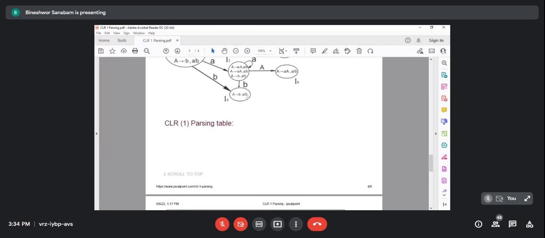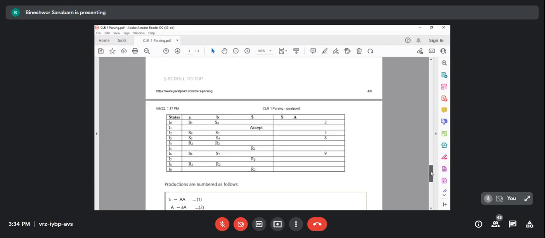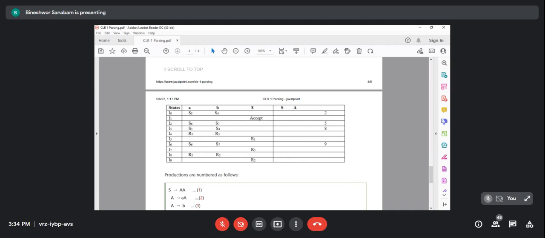Our look ahead is either A or B. So we are going to do our reduction in A or B, and the production is A implies B, which refers to the third numbering, 3. So we put R3, R3.